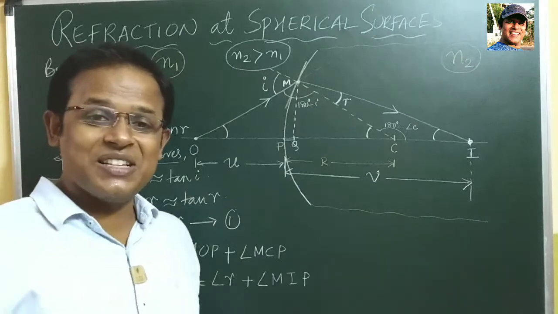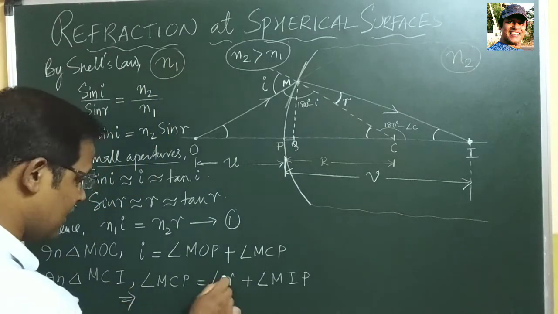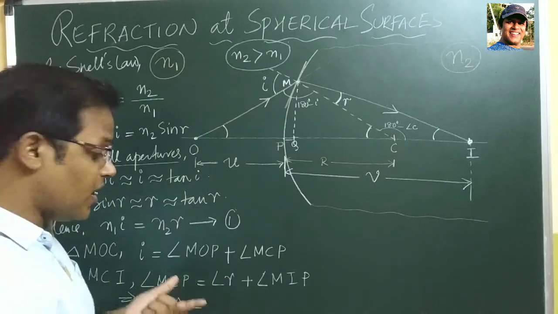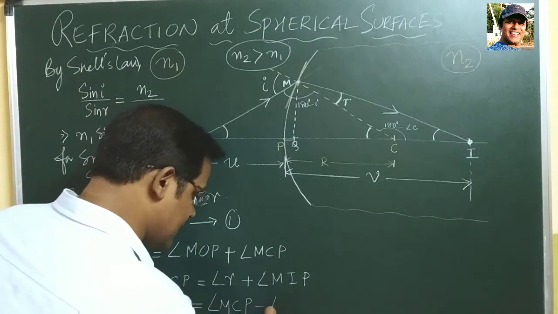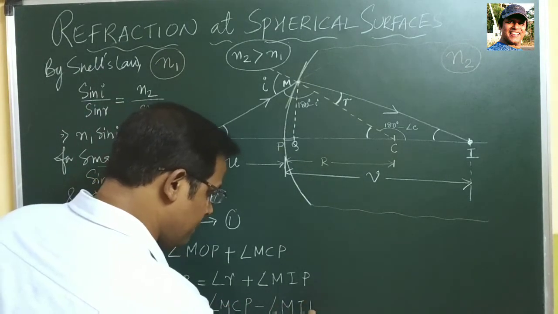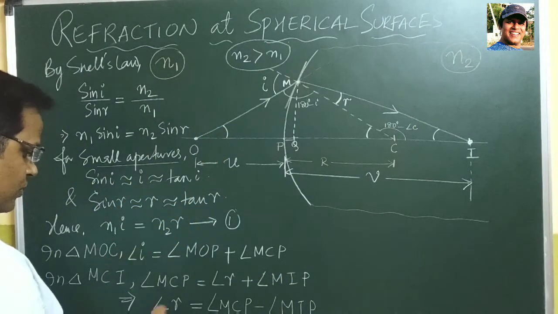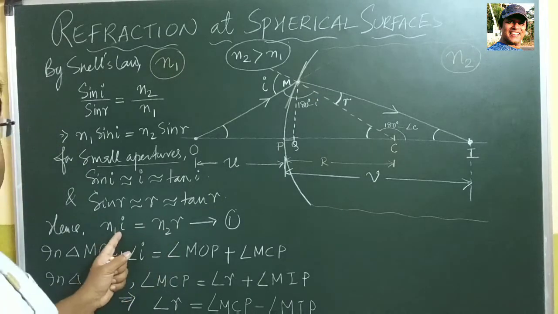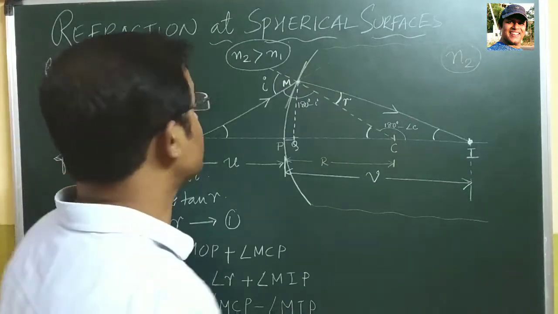Yeah, all clear, I suppose, right? Okay, not at all confusing. It's very simple. Just keep on following it and you'll find that angle R is equal to angle MCP minus angle MIP. So you got your I and you got your R. So there we go. In equation 1 I have the place for I and R, but I'm running out of space. Please excuse me.